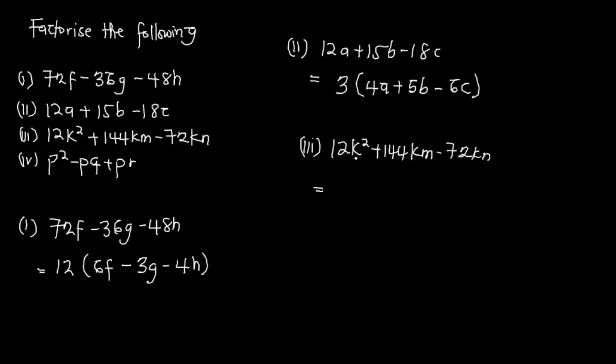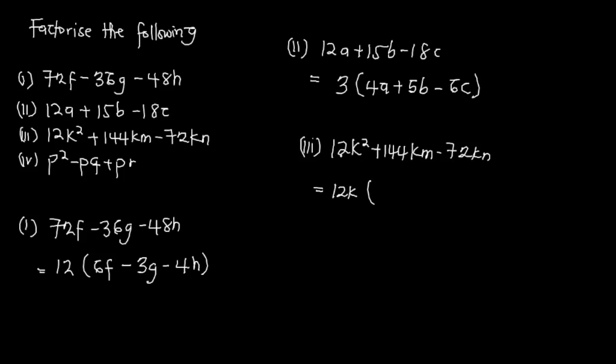That is, we have k squared here, we have k here, we have k here. So k is common among all of them. Alright, so we also need to factor k out. So if we look through all these terms over here, we see that 12 can go into 12, 12 can go into 144, 12 can also go into 72. So we factor 12 out. Not only 12, k is also common, so we factor 12k out, 12k.